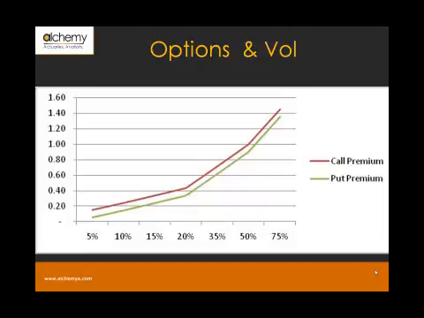So the increase is not 4 times, it's actually 8 times. And as you go from 5 to, let's say, 75, which is an increase of let's say 25 times, price goes from a couple of cents to about 1.2 to $1.4, which is a fairly significant increase. So the point that I'm trying to make here is that options become more valuable with increased volatility.